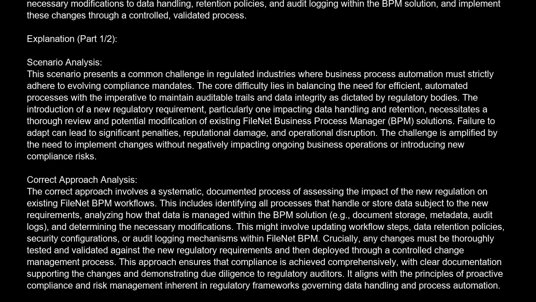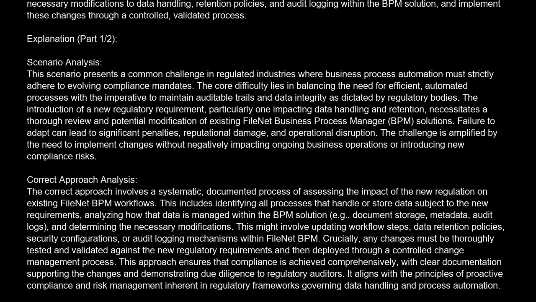Crucially, any changes must be thoroughly tested and validated against the new regulatory requirements, and then deployed through a controlled change management process. This approach ensures that compliance is achieved comprehensively, with clear documentation supporting the changes and demonstrating due diligence to regulatory auditors. It aligns with the principles of proactive compliance and risk management inherent in regulatory frameworks governing data handling and process automation.